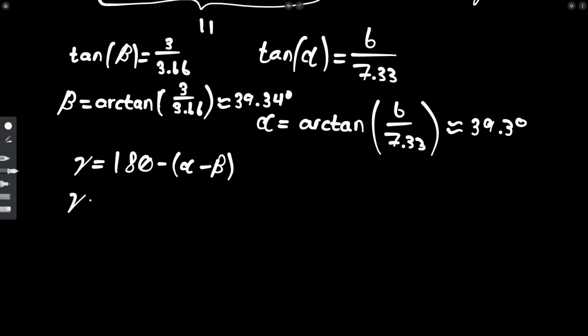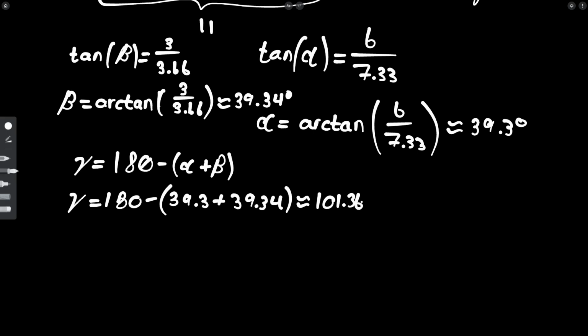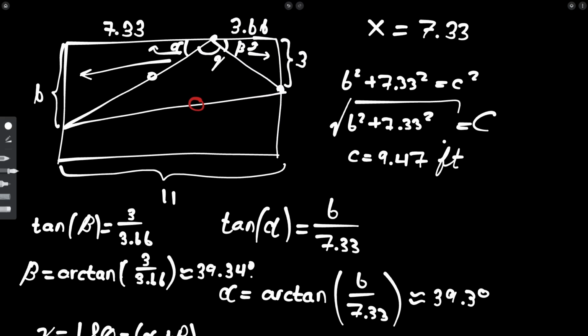So gamma equals 180 minus 39.3 plus, sorry, this is plus 39.34. Putting that into a calculator gives us approximately, oh, did I do that right? No, I didn't. Approximately 101.36 degrees. Ooh, I've gotten a little bit ahead of myself, haven't I?